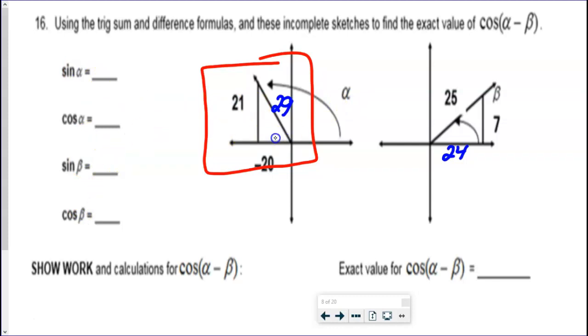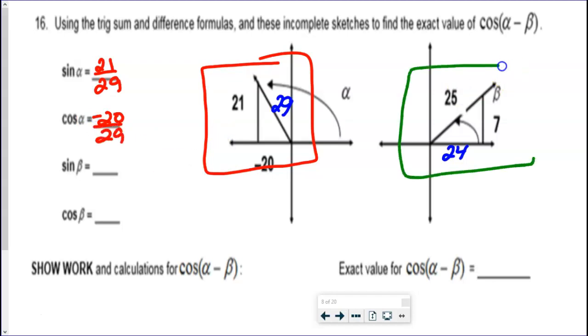And for sine of alpha, we're looking at 21 over 29. And then the cosine of alpha was negative 20 over 29. And over here, this triangle is referring to the angle beta. So the sine of beta is 7 over 25, and the cosine would be 24 over 25.